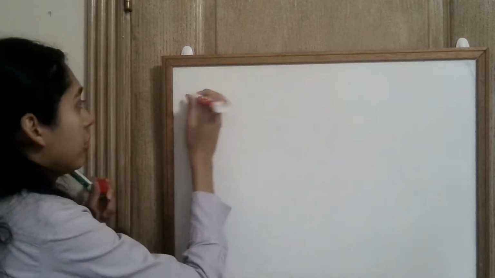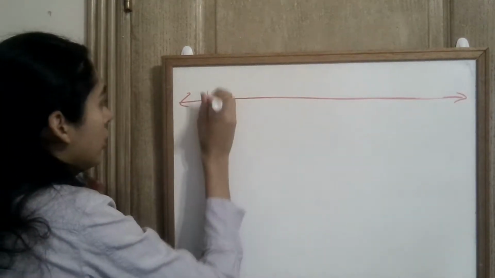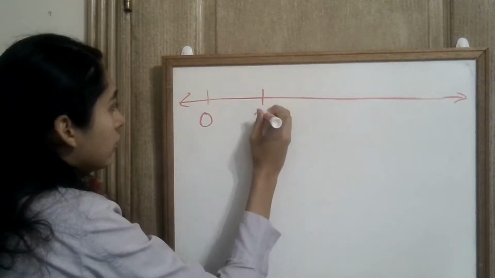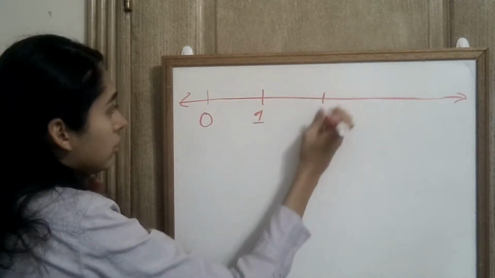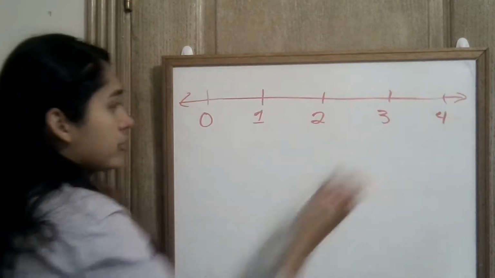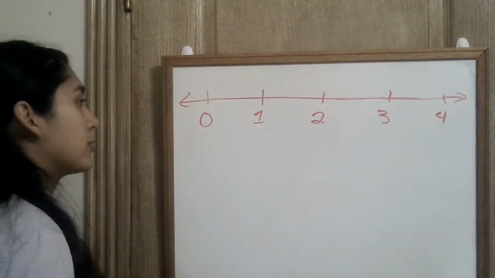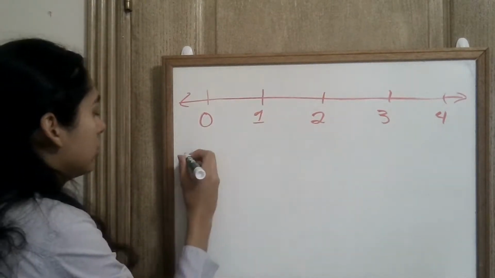Let's say I have a number line right here. So 0 right here. 1. Right now, we're not going to deal with fractions. We just want to master these symbols conceptually.